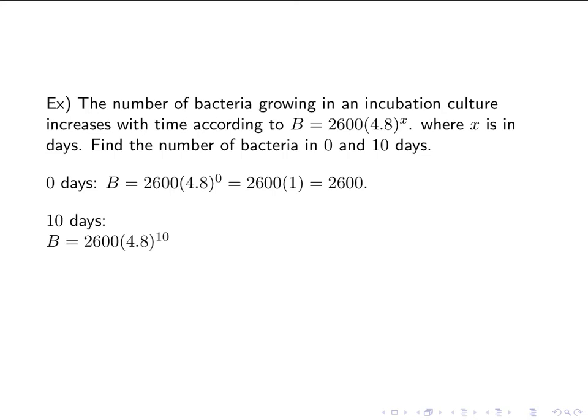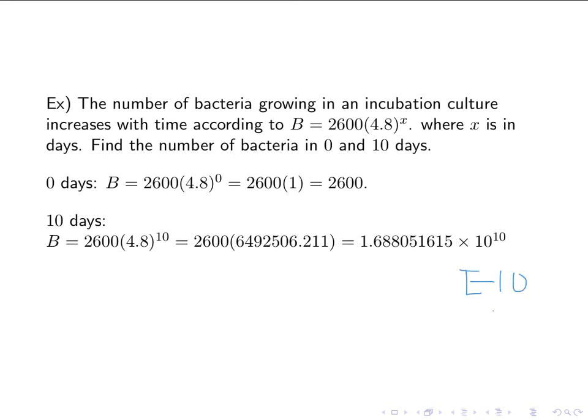For 10 days, I plug in x is 10. Remember order of operations, we'll do 4.8 to the 10th first. We get this really large number, and then we multiply it by 2600. My calculator gave it to me in scientific notation, so 1.688 and so on times 10 to the 10th. In a calculator, sometimes you'll see this as e to the 10, or you'll see a very small 10 up in the corner.